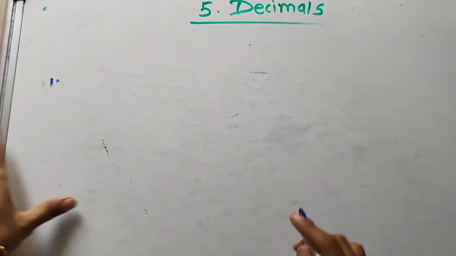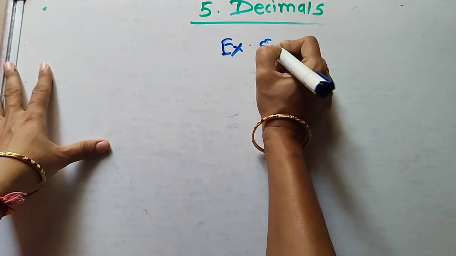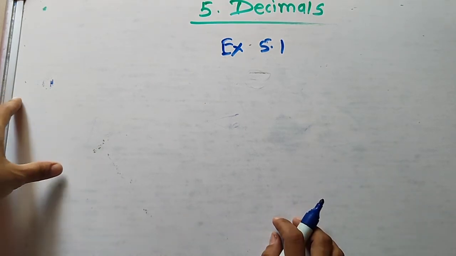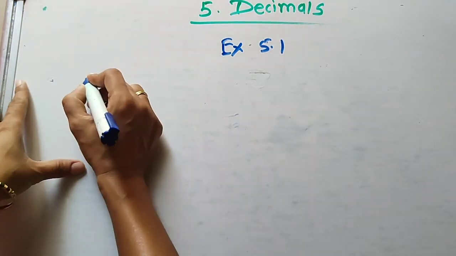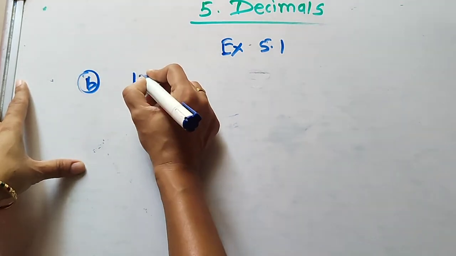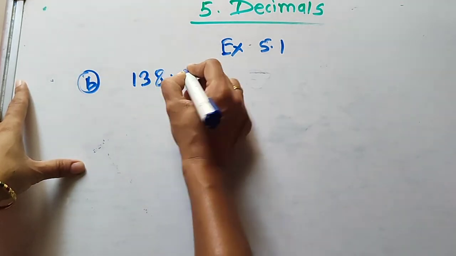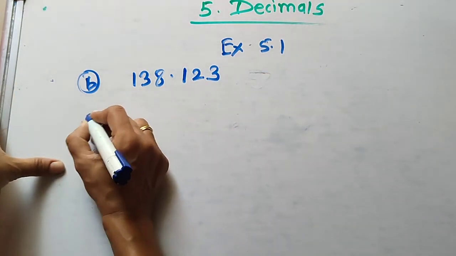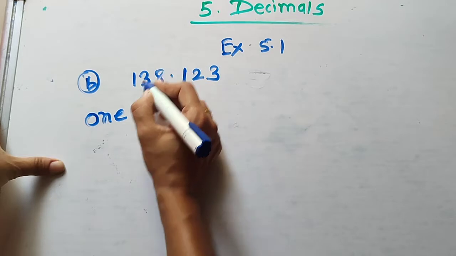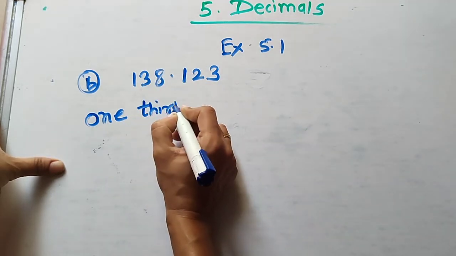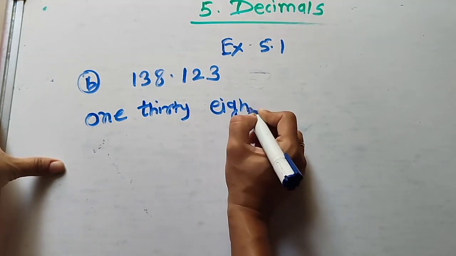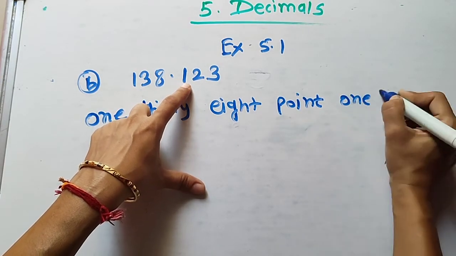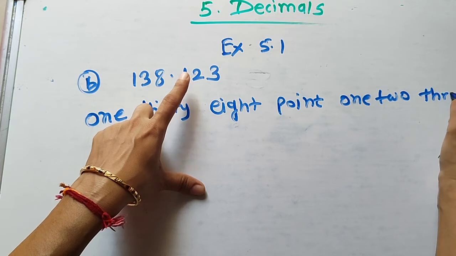Now you have to solve the exercise 5.1. So first question is, read and write the number name of the following. So here I take the second number B, 138.123. How to write the number name? So write the number 138 point, here is point, 1, 2 and 3.